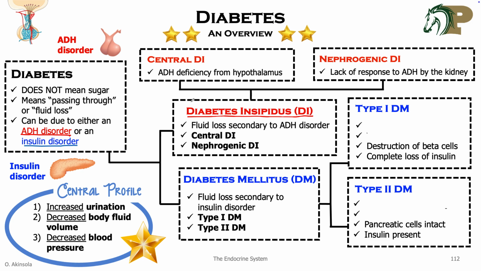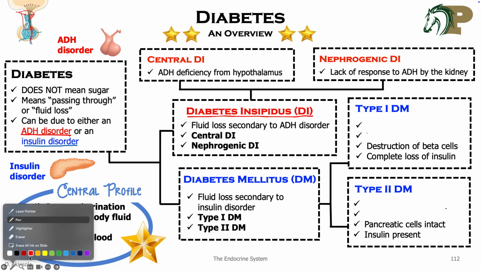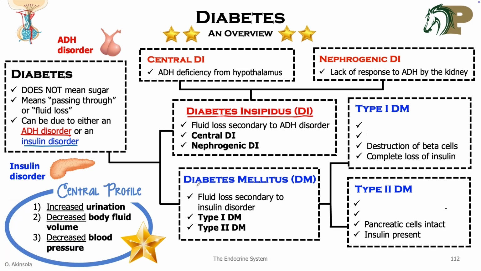So that is diabetes insipidus, fluid loss secondary to an ADH disorder. Now, if you have an insulin disorder, this is where we start to talk about diabetes mellitus. This is fluid loss secondary to an insulin disorder.